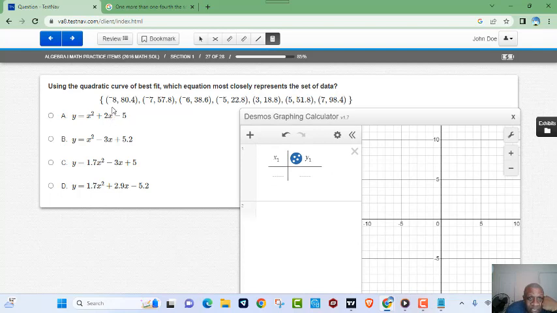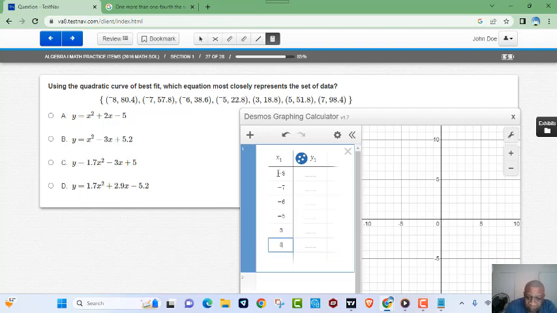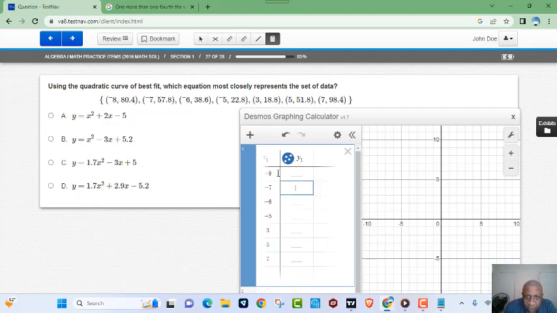my x's are going to be -8, -7, -6, -5, 3, 5, 7. All right, so -8, -7, -6, -5, 3, 5, 7. Okay.